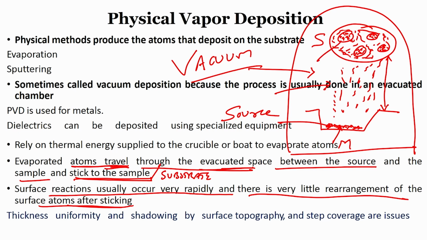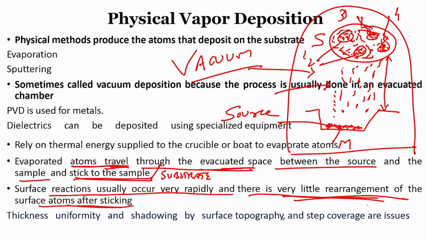These are our substrates 1, 2, 3, 4. When it is depositing rapidly, we have very little time for the rearrangement of the atoms.